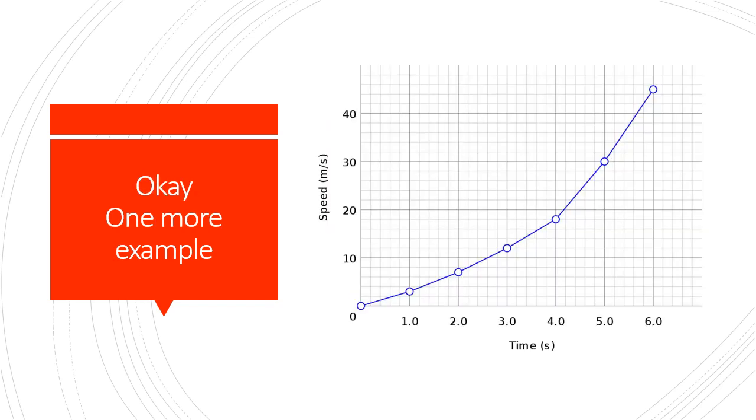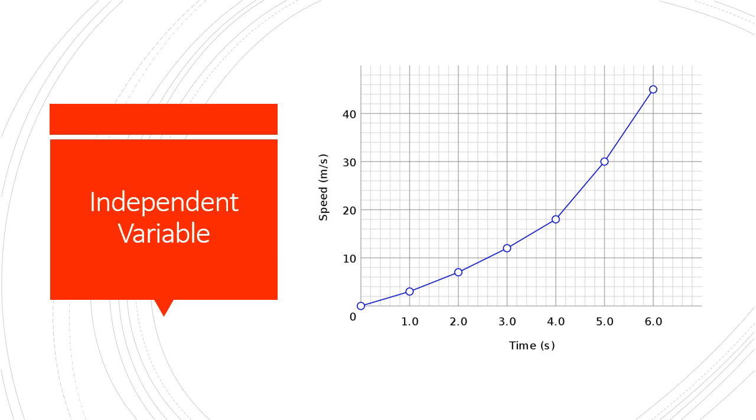Good job. Okay, here's a chart. Oh, we don't like charts, but you're going to love this one. Here's a nice little hint about charts when you're asked what is the independent variable and what is the dependent variable.